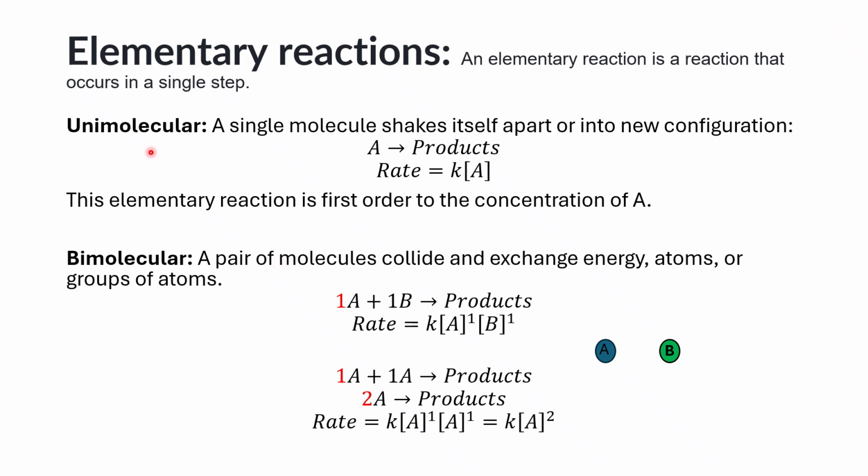In a unimolecular reaction, a single molecule shakes itself apart or rearranges its atoms into a new arrangement, as in the isomerization of cyclopropane to propane. So the rate equation is equal to the rate constant multiplied by the concentration of A, the reactant.